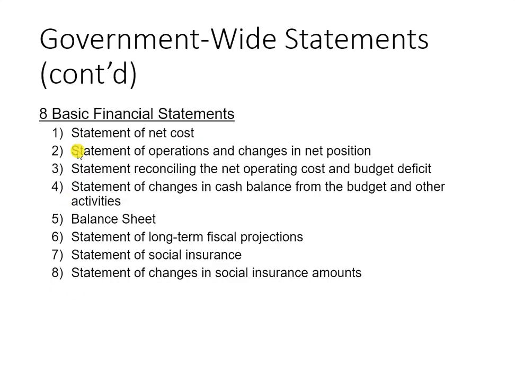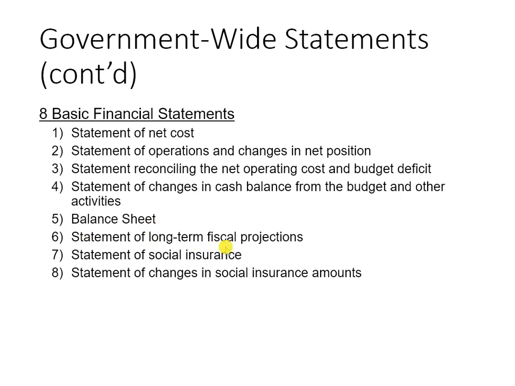So these are the 8 basic financial statements. You have the statement of net cost, and the statement of operations and changes in net position. Statement reconciling the net operating cost and the budget deficit. Statement of changes in cash balances from budget and other activities. The balance sheet.